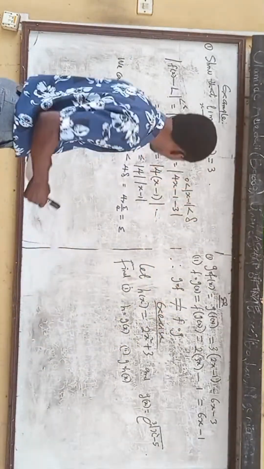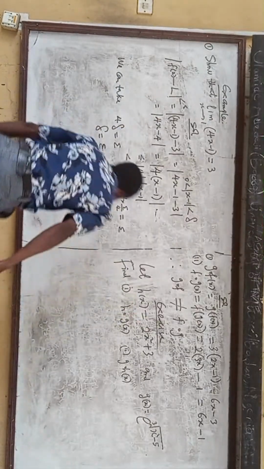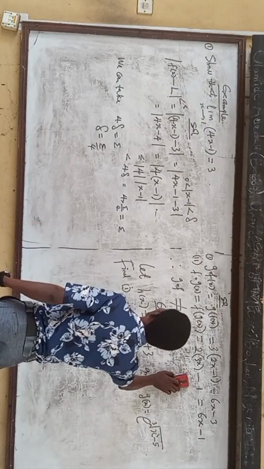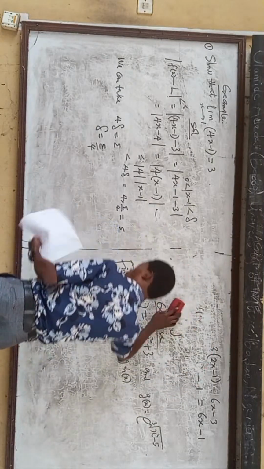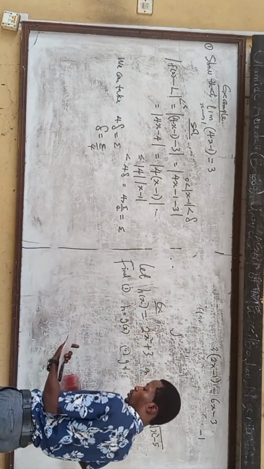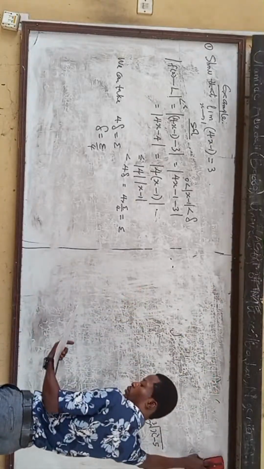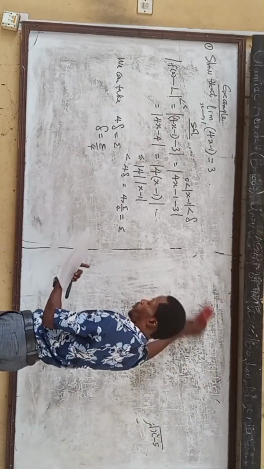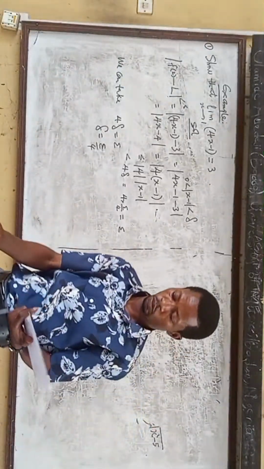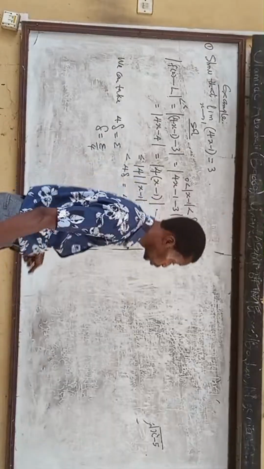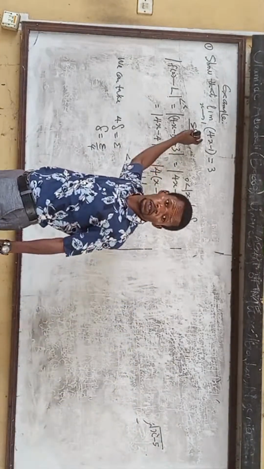So let's look at algebra of limits. Because we are able to satisfy this condition, it means that this is correct, actually.